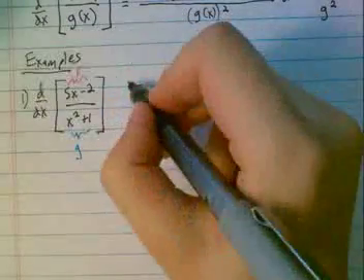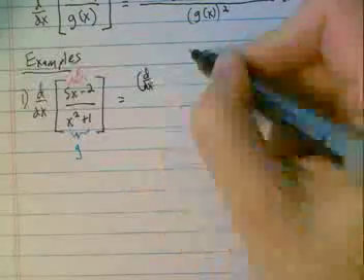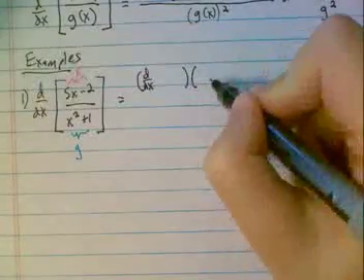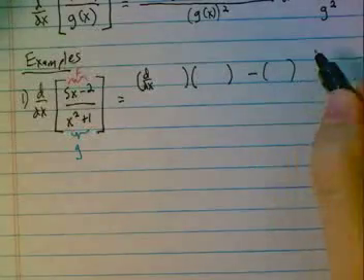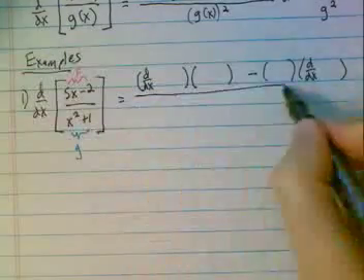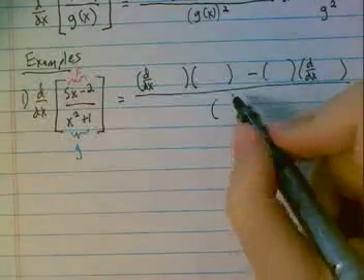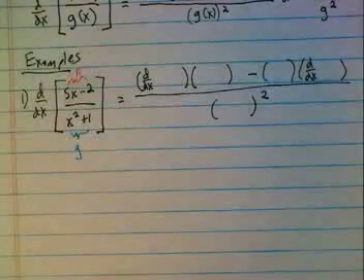So we're going to use our derivative of f times g minus f times the derivative of g over g squared. So let's fill that in.